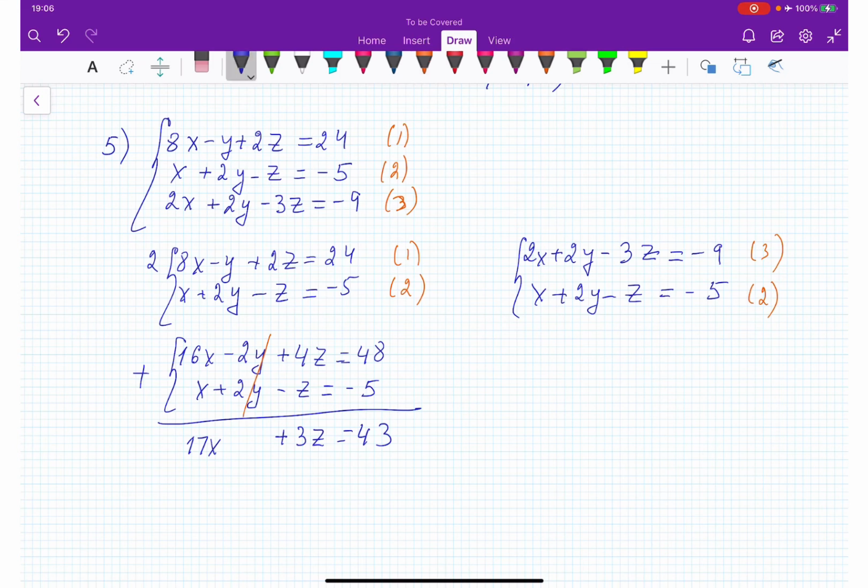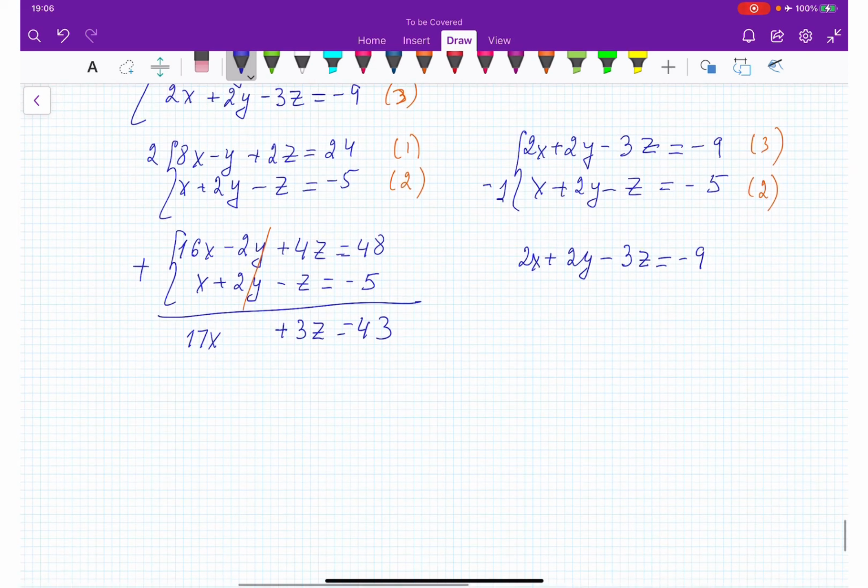Okay, let's solve it. So one of them, let's say this one, multiply by negative 2. I mean, negative 1, I'm sorry. And I'm getting 2x plus 2y minus 3z is equal to negative 9.